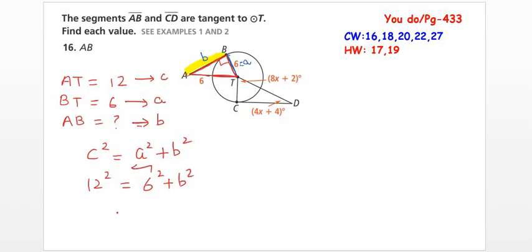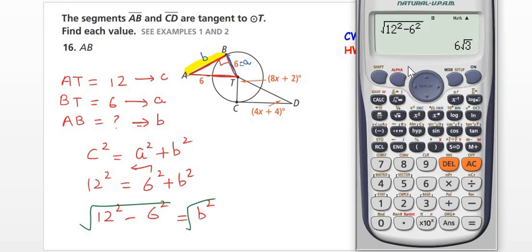Now you can move the 6 squared to the other side, so it's going to be 12 squared minus 6 squared equals b squared. By the way, you can solve it right now, or directly you can say take the square root of each side, so it will give us the answer. That will be b equals, let's check what the answer is. You can write it like this on the calculator, the square root of 12 squared minus 6 squared, so it's becoming 6 square root 3.